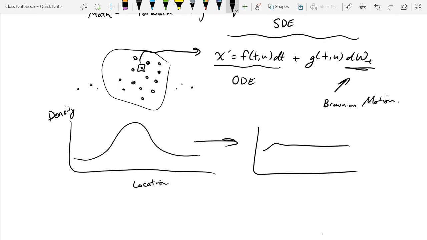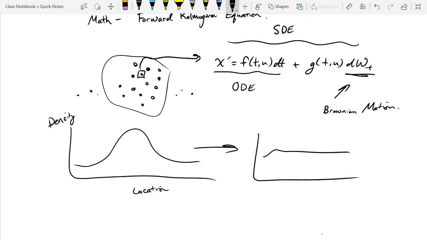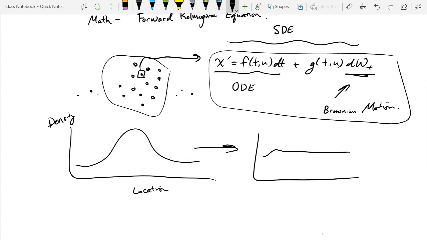And so whenever you have one of these SDEs, you also have a dual equation which talks about how the probability density evolves. That's actually an interesting feature of this equation: if you think that all of the particles are the same, then you can either think about the probability that one particle is here versus over here, or the percentage of particles that are here versus over here.